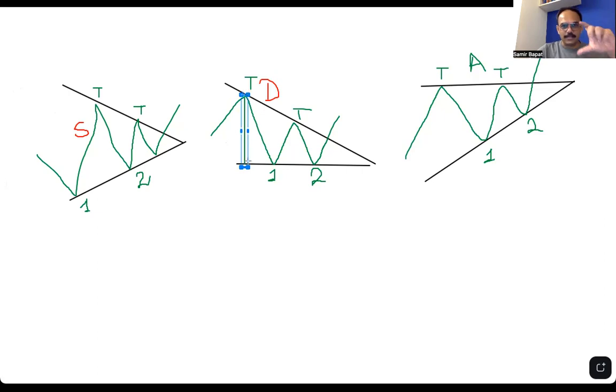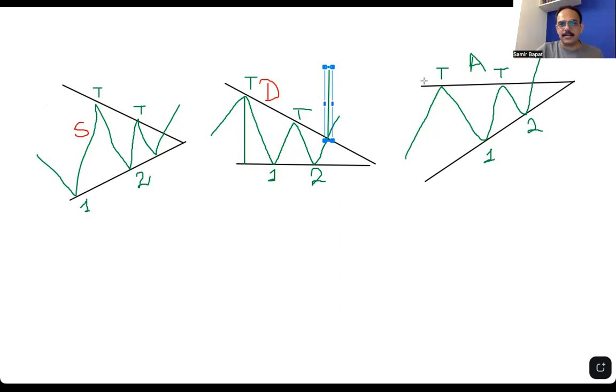Whatever is the distance, the same distance it will travel whenever it exits. So whatever is this distance, same is the target. So we can enter here and exit when it reaches that target.